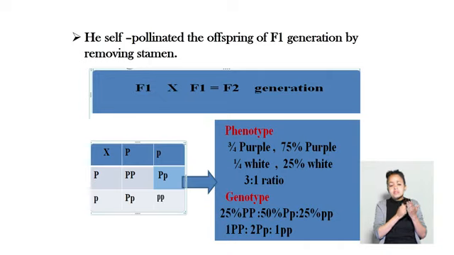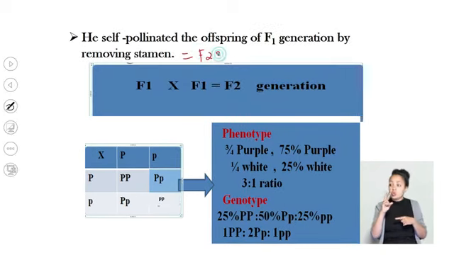He self-pollinated the offspring of the F1 generation by removing the stamen, to obtain the F2 generation. The F1 generation is all P capital P small, and again F1 of another, P capital P small.